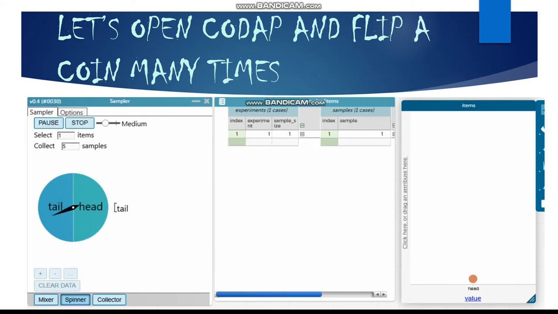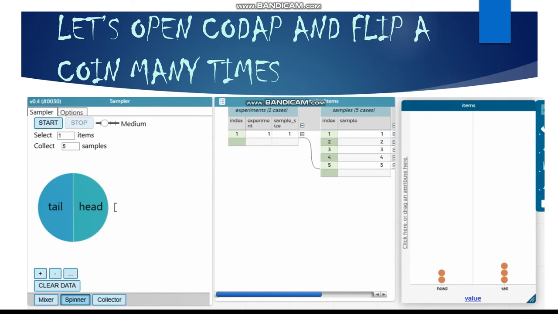For the first one it said head, and for the second it said tail. When we collect 5 samples, let's look at the percentages. It seems that getting tail has 60 percent while getting head has 40 percent, and maybe we can say tail has more chance. I think we cannot say.